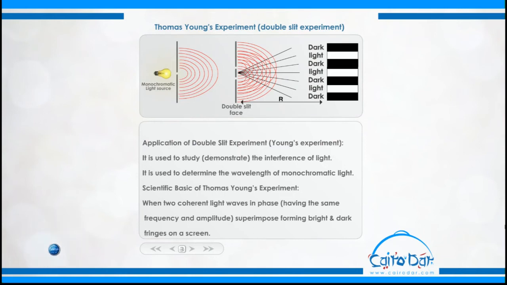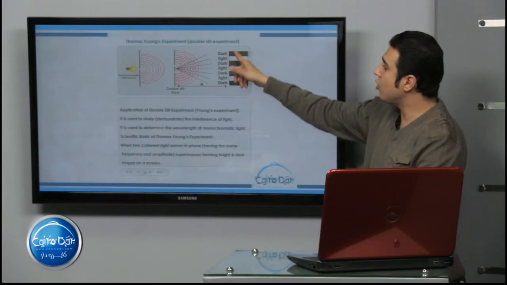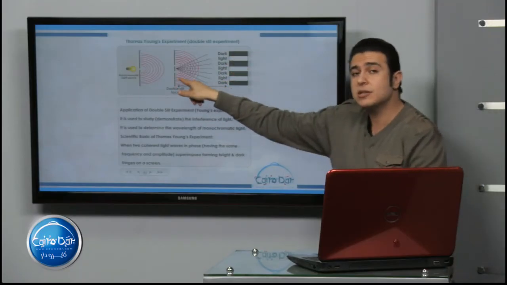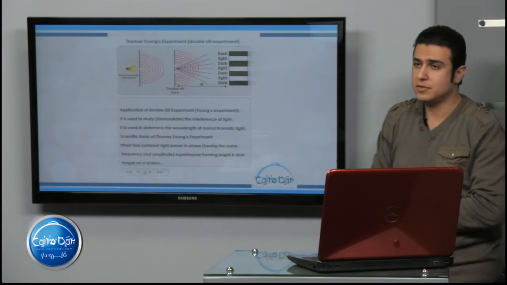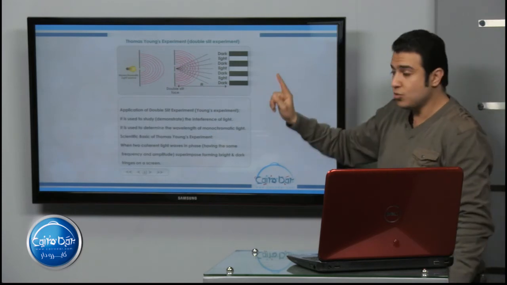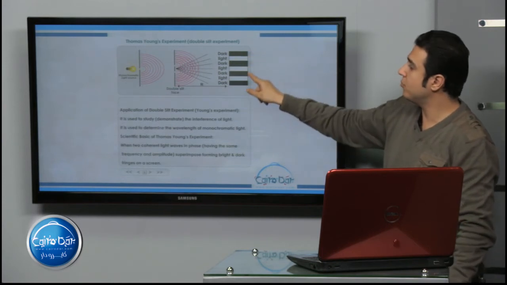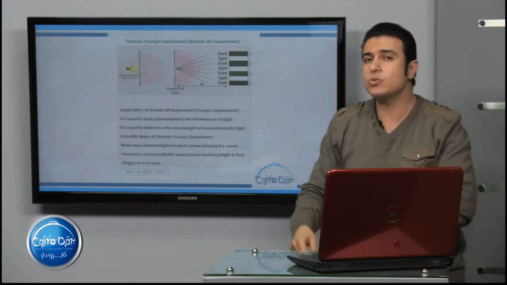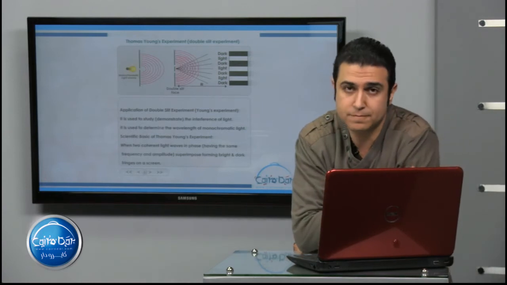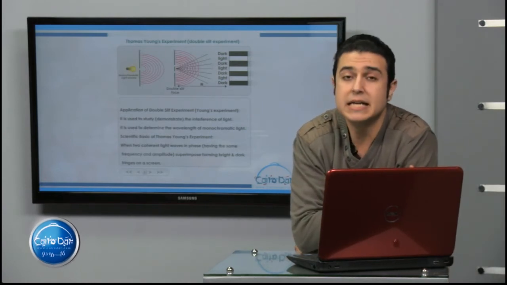Here, as you see, the distance between the two slits in the double slit screen is symbolized by d. The distance between the double slit screen and the observation screen is symbolized by R. The distance between two successive fringes, whether dark fringes or bright fringes, is delta y.